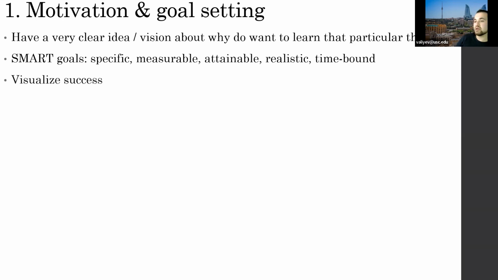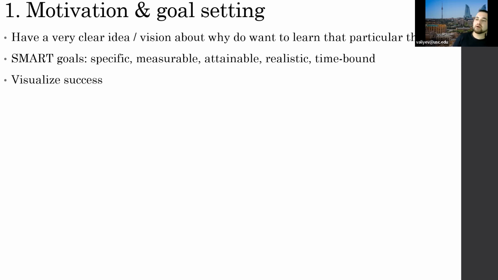And I think one of the steps which helps in goal setting and in having this energy and passion for learning is visualizing the success. For example, when I was applying to the Ph.D. programs in the US, I was encountering many obstacles, and sometimes it was hard to get through.